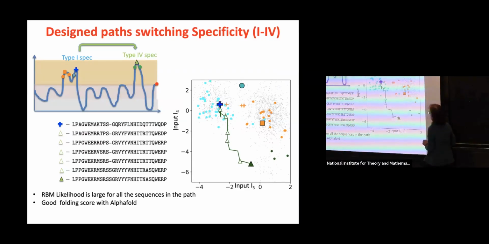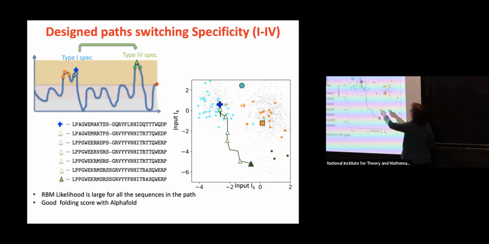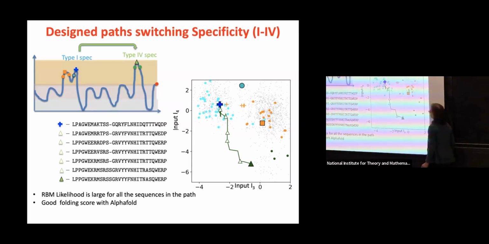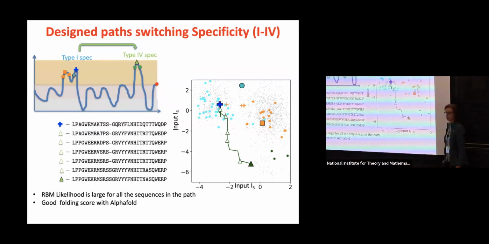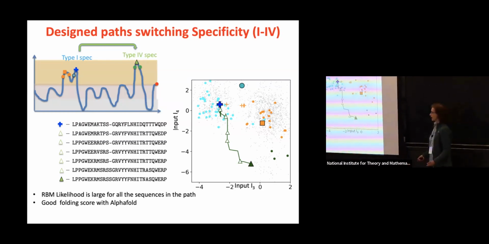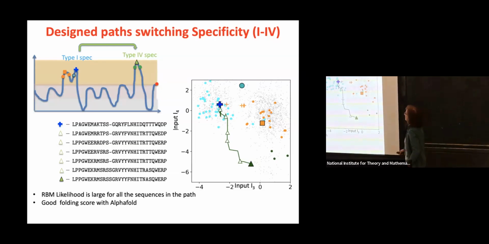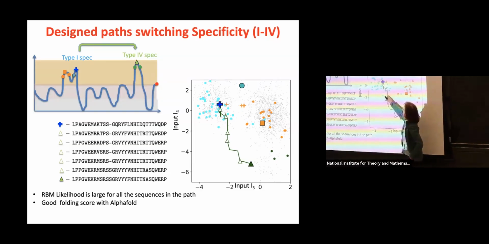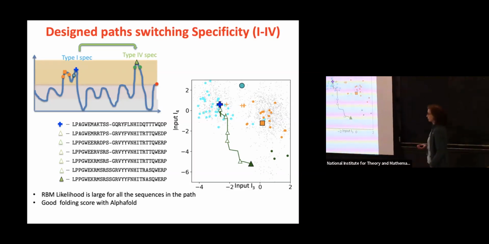I will show you this part because it goes through a region of sequence space in which you don't have any natural sequences. We were wondering why this was, and whether these designed sequences were really functional or not.